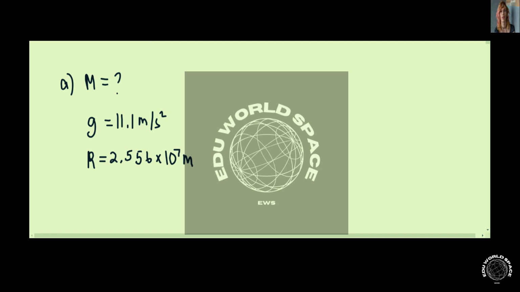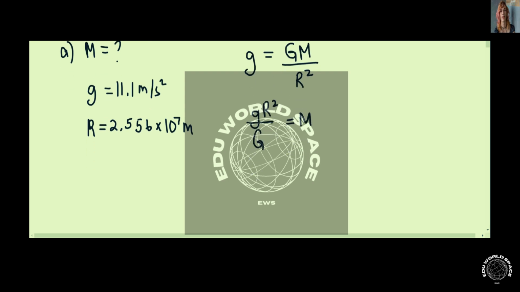And this is enough information to go ahead and calculate the mass using the formula for the acceleration due to gravity. So the acceleration due to gravity is GM over r squared. And so we can rearrange the formula here by multiplying by r squared and dividing by big G, that is. And that will give us the mass. So we're just going to plug in our values.